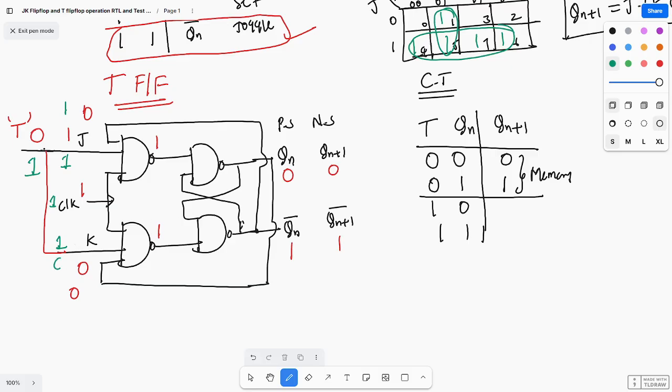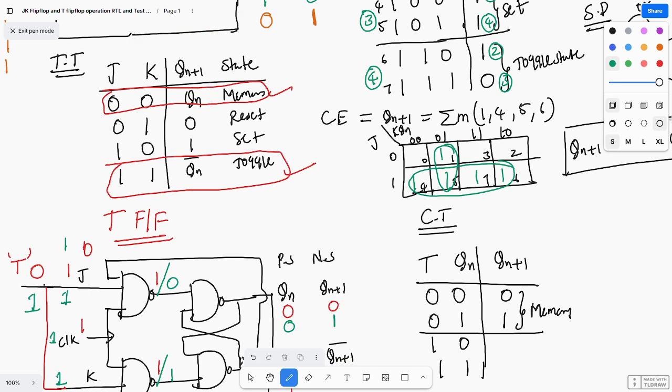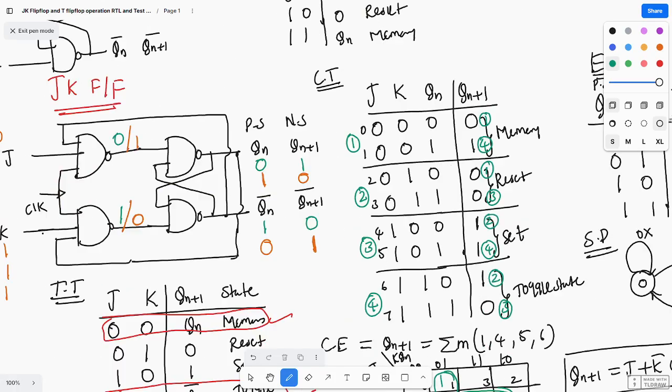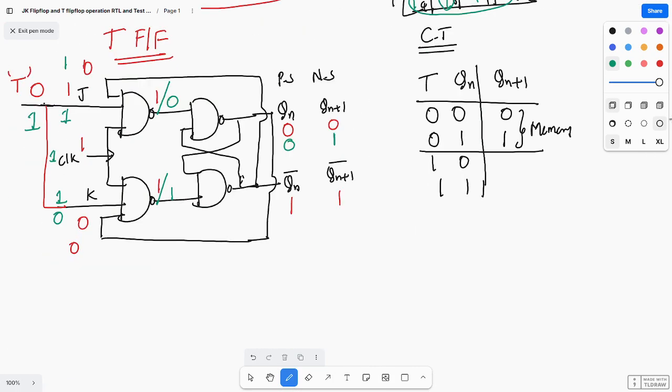So 1 1 gives 0 here and 1 here. 0 1 means the set state, as we already saw in the NAND latch. So here you are getting 1, and this is 1 means you are getting 0.